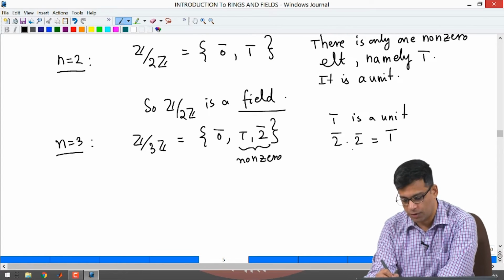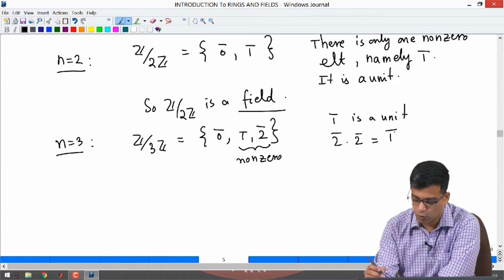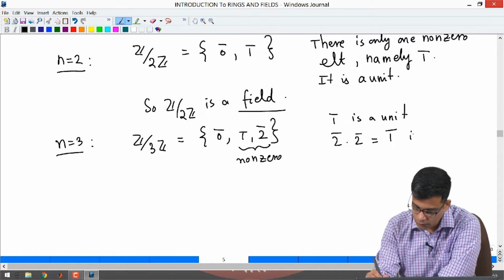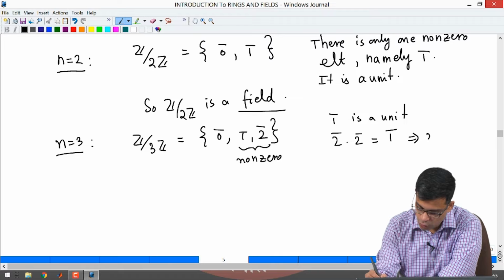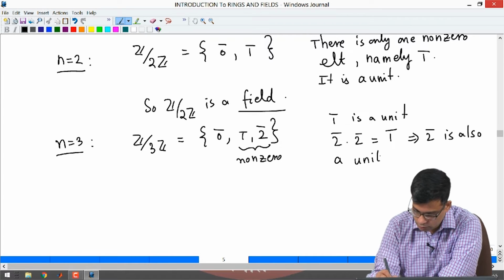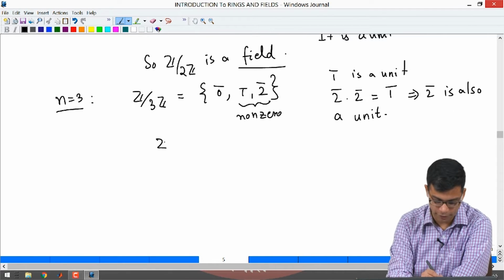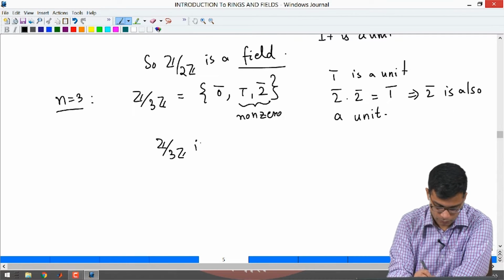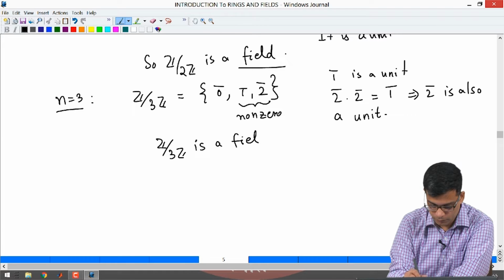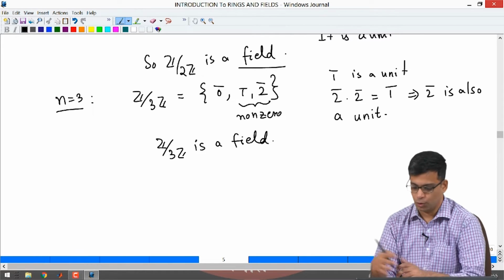Directly, first multiply 2 and 2 and take the residue. So, it is 4 bar, which is 1 bar. This implies 2 bar is also a unit. So, Z mod 3Z is also a field, because it has 2 non-zero elements and both are units.